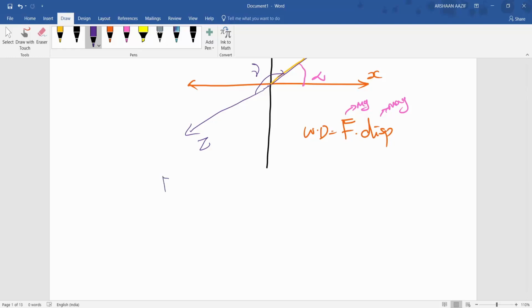So a vector is represented with an x component, and i, j, k represent the respective axes. So this is xi plus yj plus zk. This is your force. The same way, my displacement can be found with the help of x1i plus y1j plus z1k.